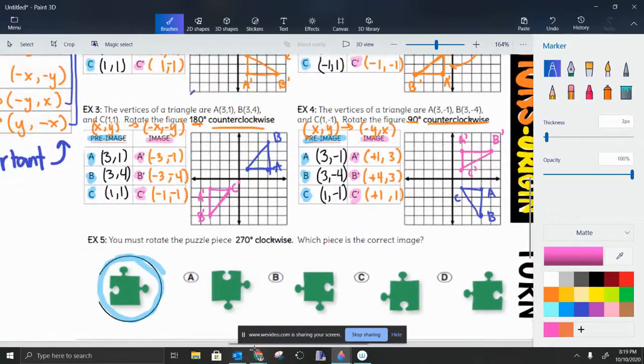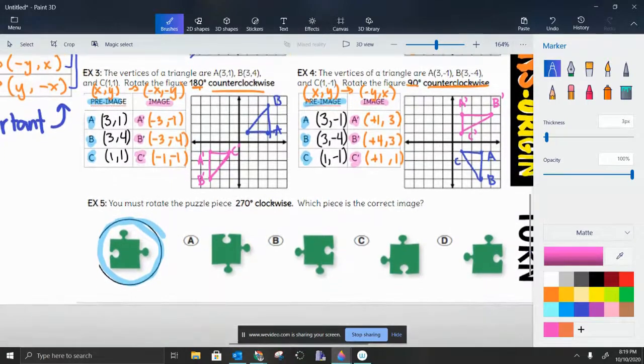All right, so our last example is a visualization question. This question is really asking, can you visualize a rotation in your mind? Now to help you see this, I'm going to actually use the rotation tool here.